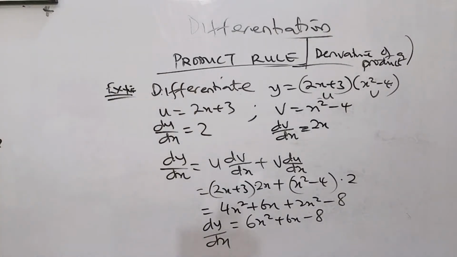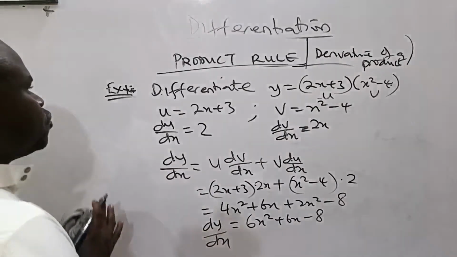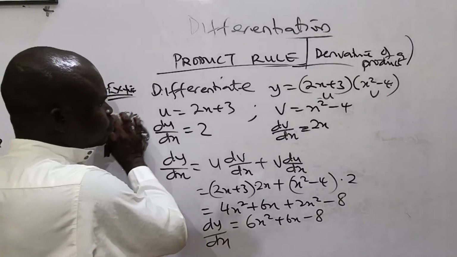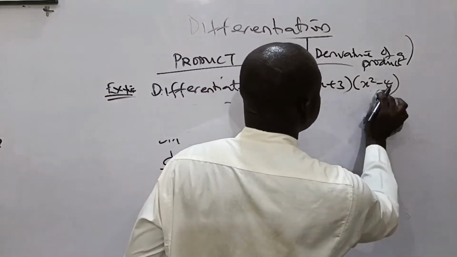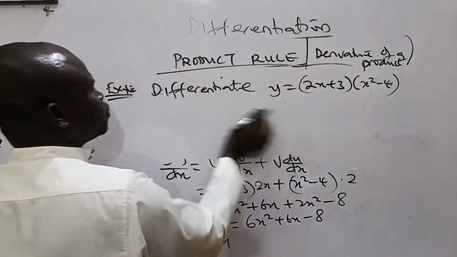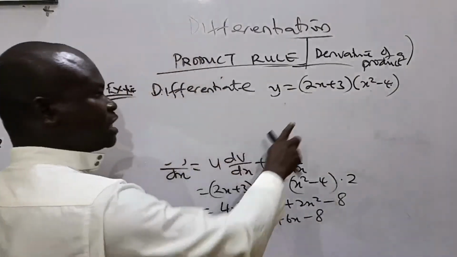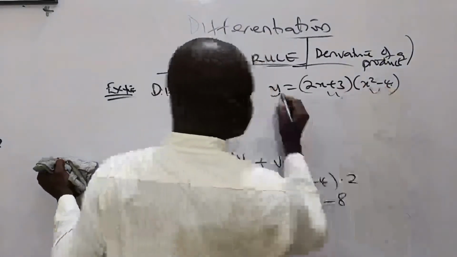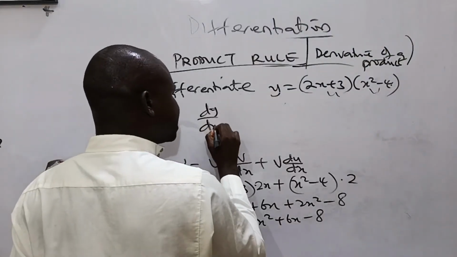But if this is a multiple choice question and I don't have all this time, what I'm going to do is I'll just look at the question. I won't stress myself. In my mind, I will know that this is u and this is v. So my dy/dx I can get directly.